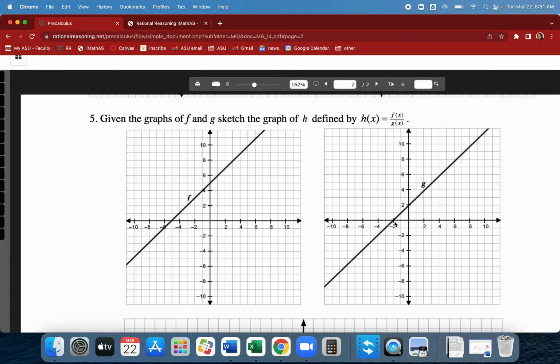It's going to continue to get larger as I get closer and closer to an x value of -2, but stay to the right of -2. Both of these things are going to be positive, but it's going to get larger and larger when this denominator is near 0.